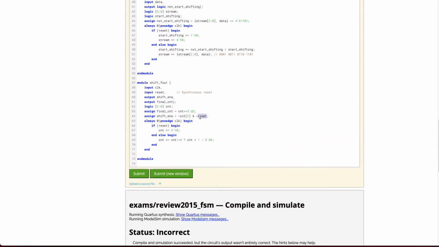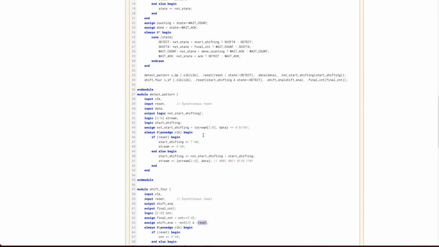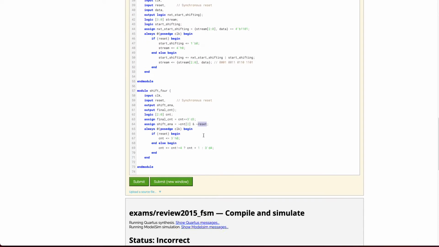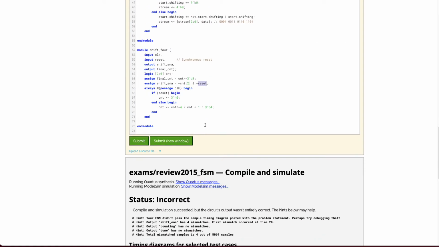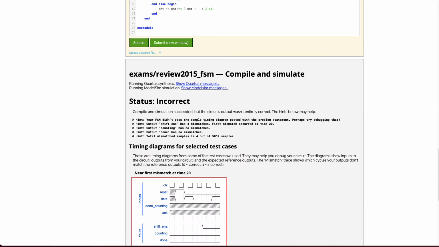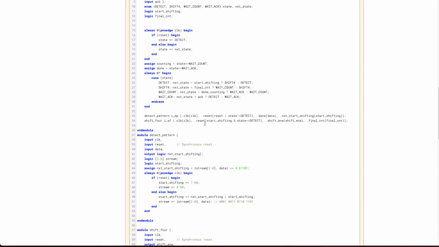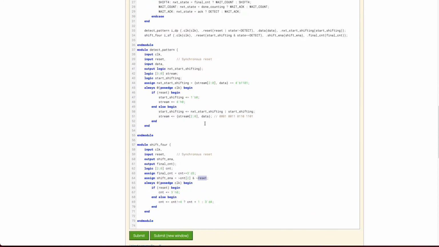The shift enable if reset is 1. Oh, I see. The submodule they had us build is completely different than what they need in this problem.